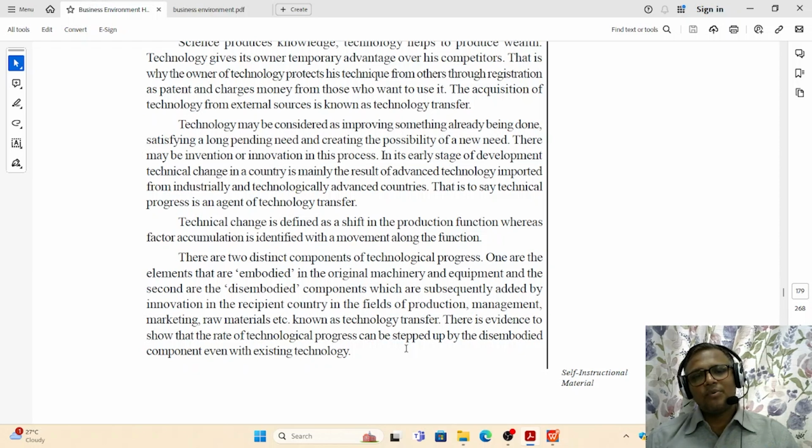There are two distinct components of technological progress. One is the elements that are embodied in the original machinery and equipment, and the second is the disembodied components, which are subsequently added by innovation in the recipient countries in the field of production, management, marketing, raw material, etc., which is known as technology transfer. There is evidence to show that the rate of technological progress can be stepped up by the disembodied components even in the existing technology.